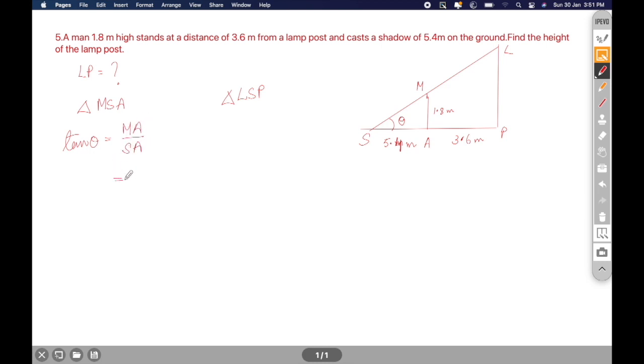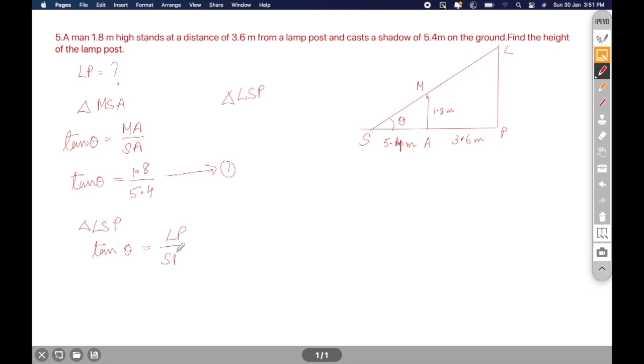So MA is 1.8, SA is 5.4. Let us leave the value of tan theta in this way only. This is equation 1.